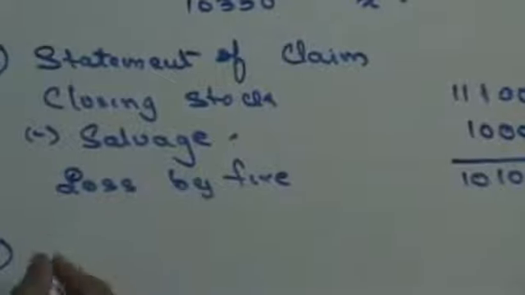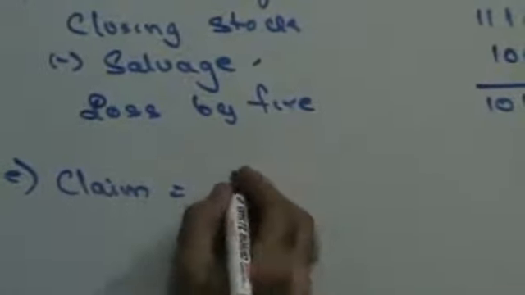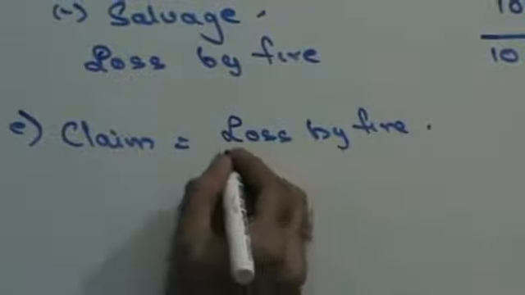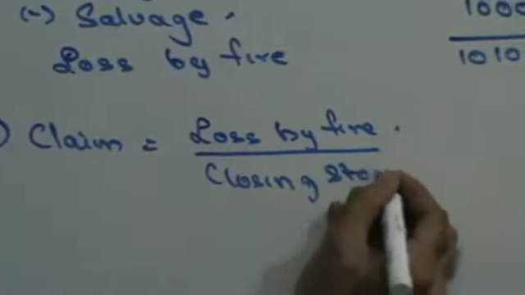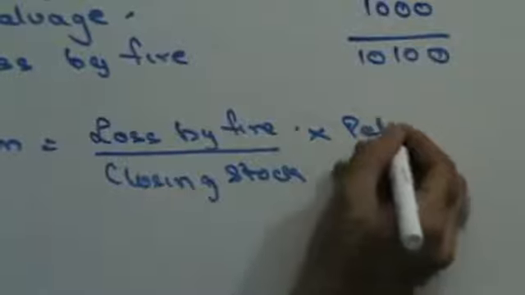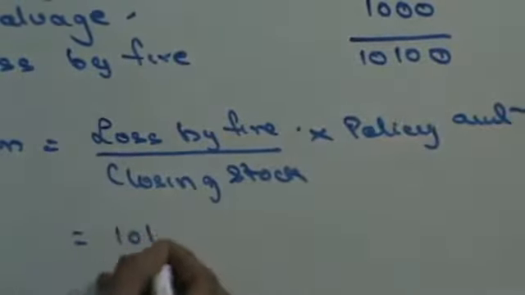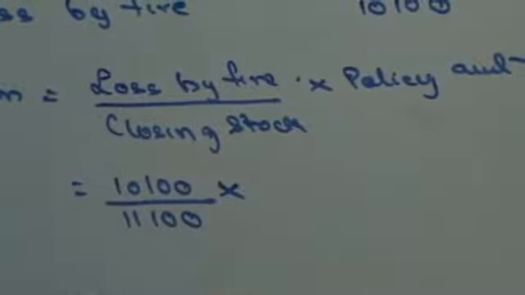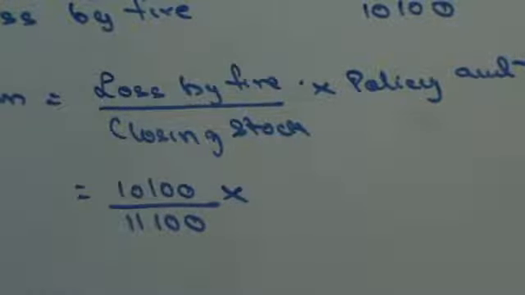Once you have this, then you can find out your claim. Claim is given by the formula loss by fire upon closing stock into policy amount. Loss by fire 10,100, closing stock 11,100, policy amount. Okay, here guys, my policy amount is more than my closing stock.